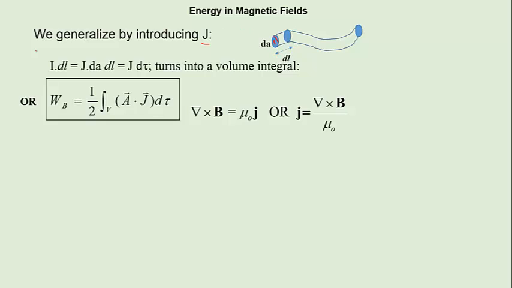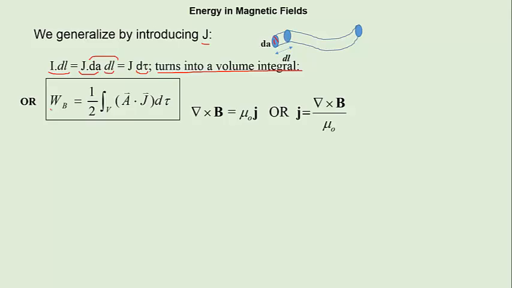So if we look at the expression I dl, which is the component of I in the dl direction times the length of dl, we can write that as J dot dA, that'll be the current, times dl. Well, you can see that this quantity right here is a volume differential d tau. So this whole thing then is J d tau, and so this turns into a volume integral.